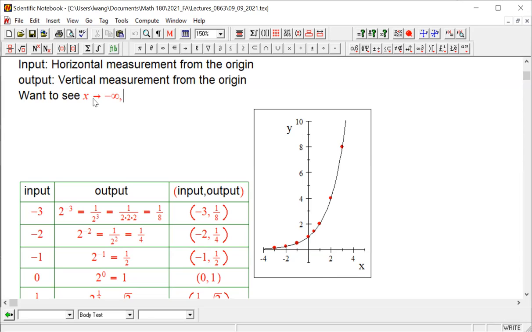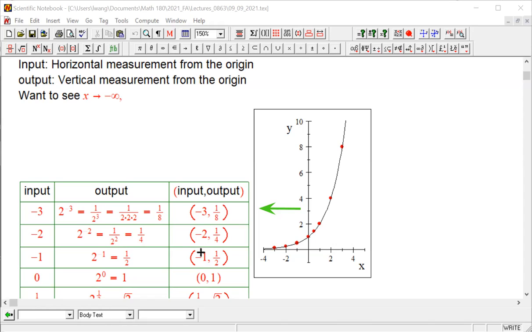As x approaches negative infinity, the input is a horizontal measurement from the origin, right? So the input is getting further and further from the origin to the left.